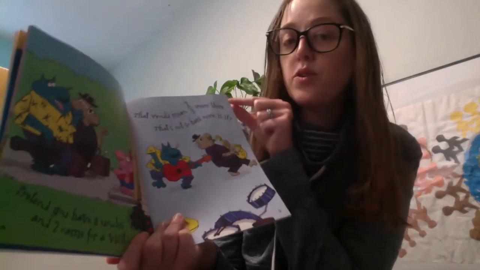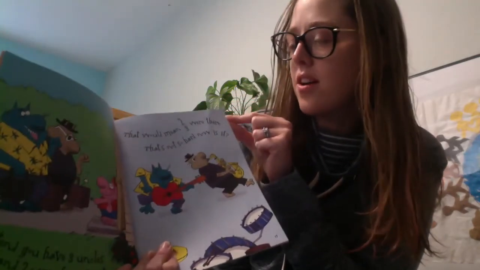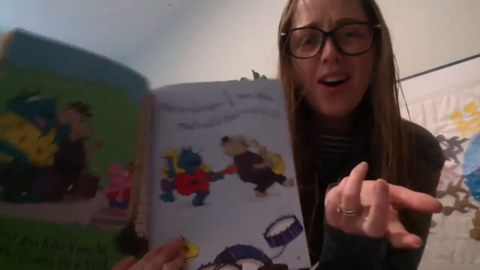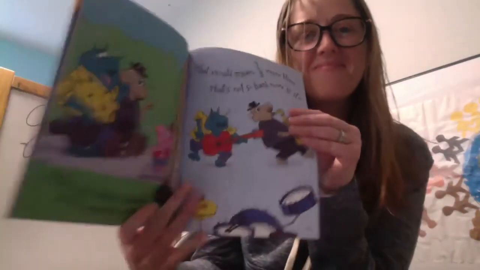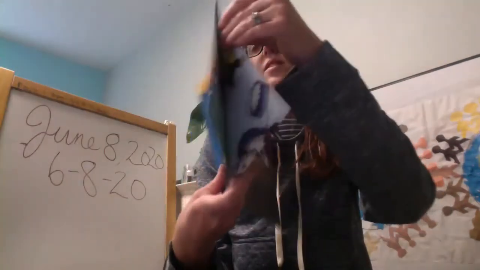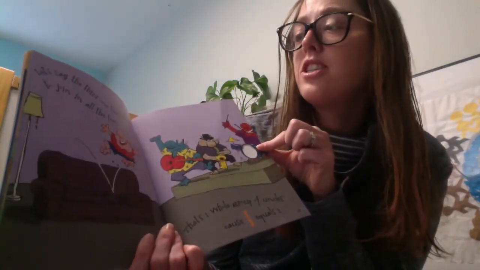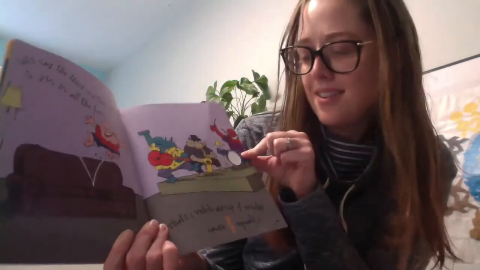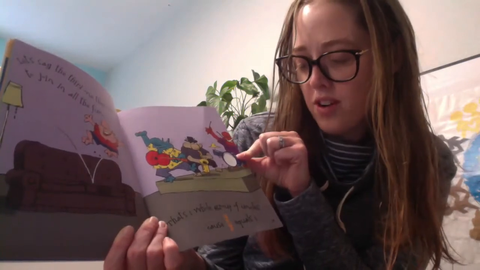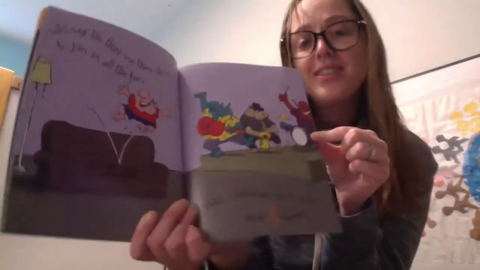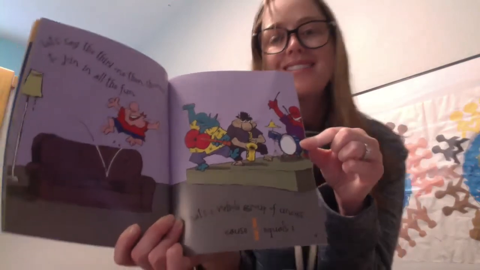That would mean 2/3 were there. That's not so hard, is it? Let's say the 3rd one showed up to join in all the fun. That's 1 whole group of uncles, because 3/3 equals 1.